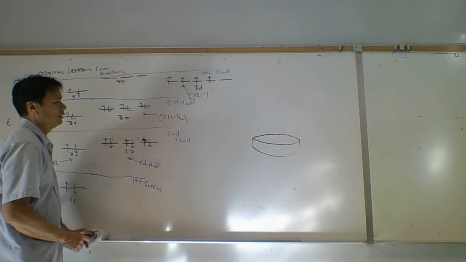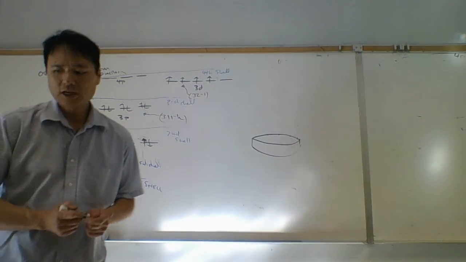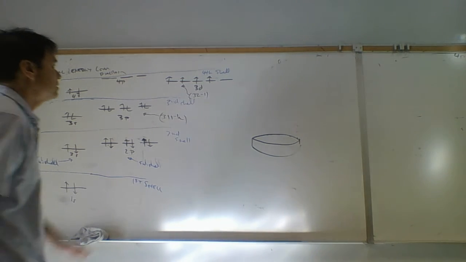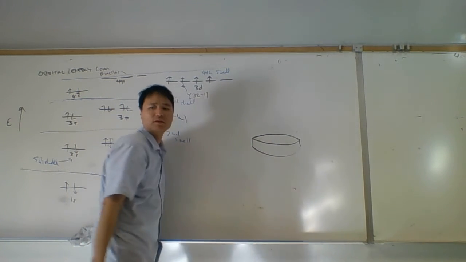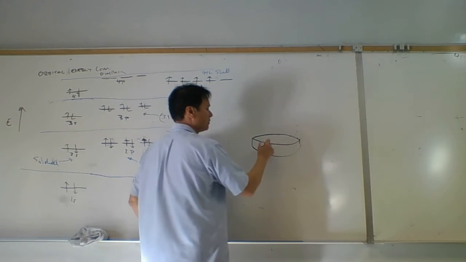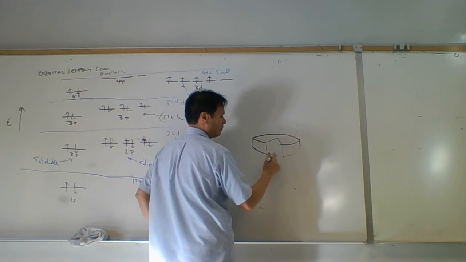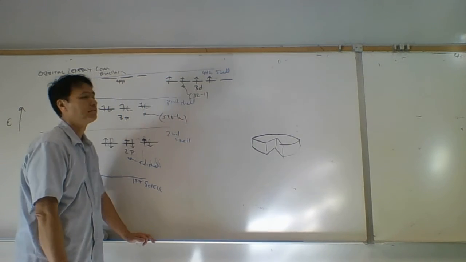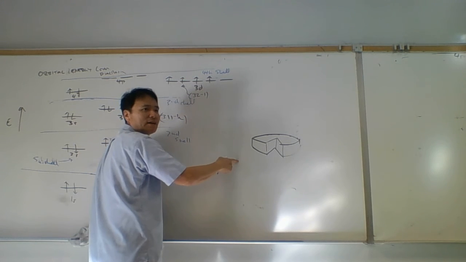There's advantage to having what we call spherical symmetry. This is almost half a cake, except this cake has 1 slice cut out of it. That's missing there.